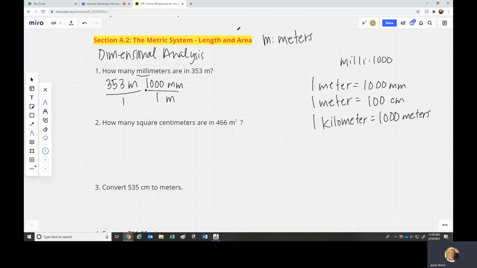Conversions with the metric system are much easier than the US system. Okay, so let's cancel out our common units. Meters cancels with meters. We end up with millimeters in the top, which is what we want.